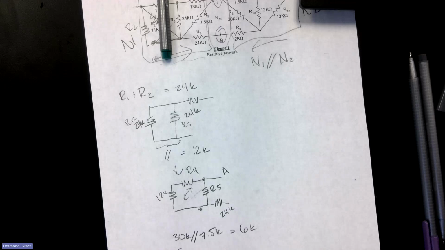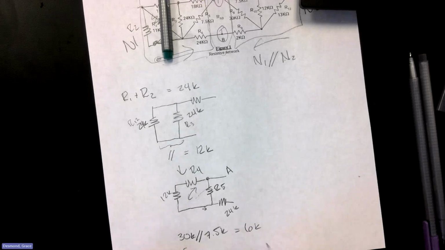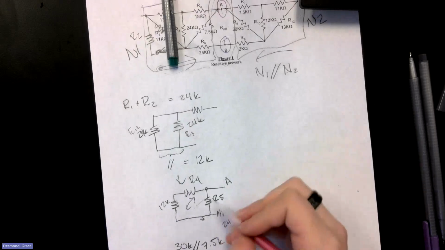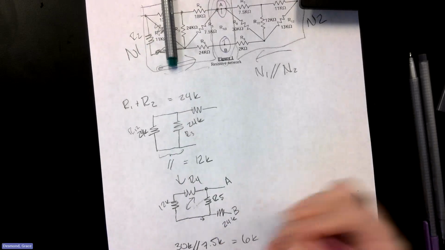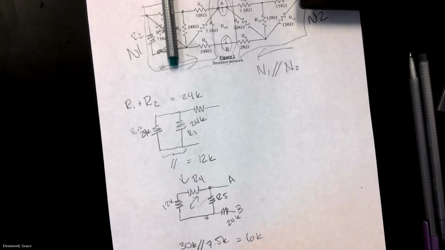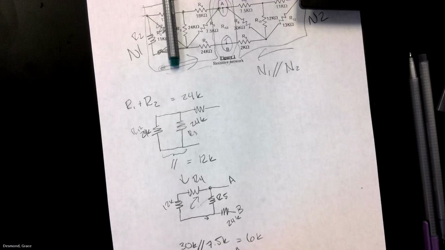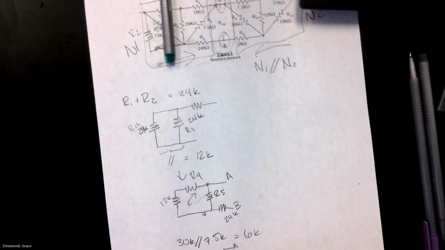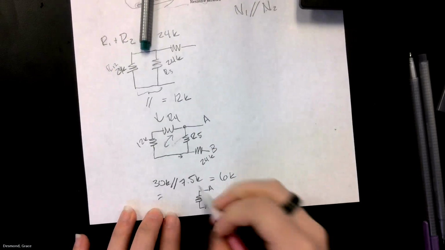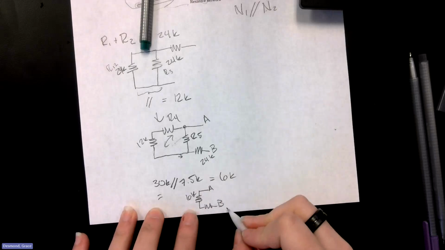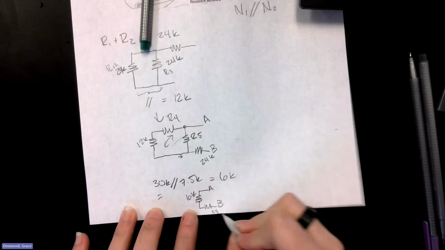If you stop drawing them, at least at the end, make sure they're there. So that's 6K. And then from A to B, we have this is 6K, this 24.